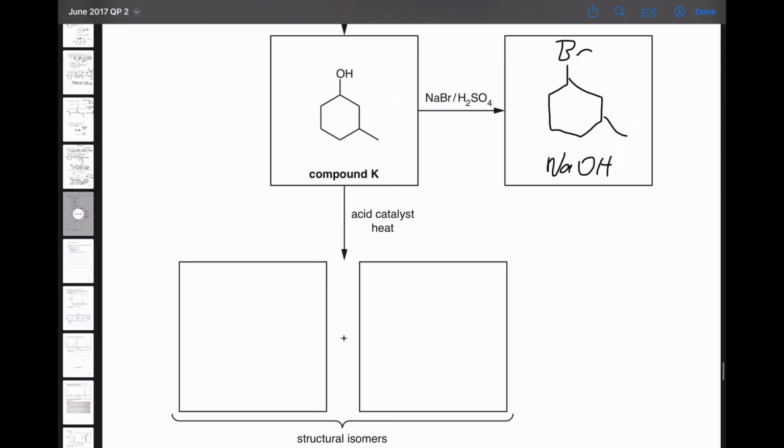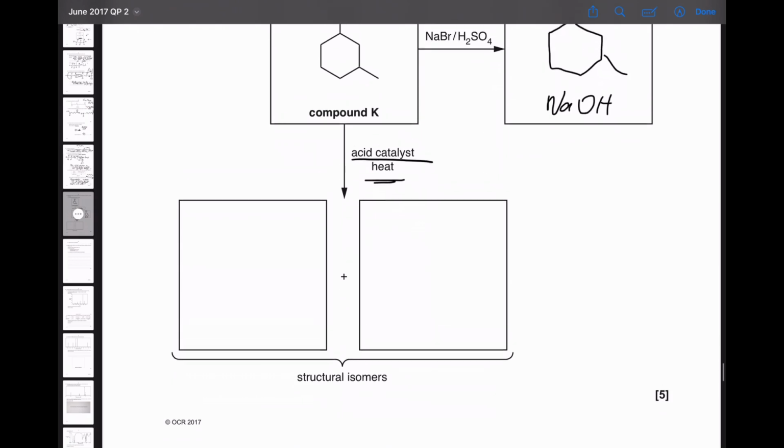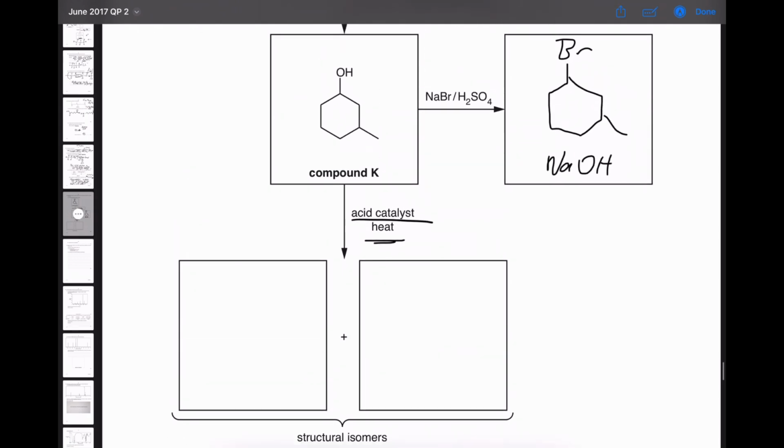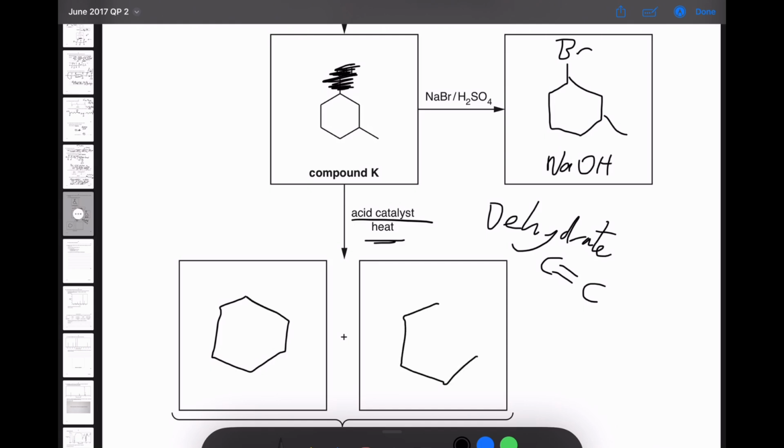So then we're going to use acid catalyst and heat, and it's going to give us 2 structural isomers. Well, we know that acid catalyst and heat is going to take away our OH group, it's going to dehydrate it. And dehydrating turns it into an alkene. So if we draw our hexagon, put our methyl groups in.